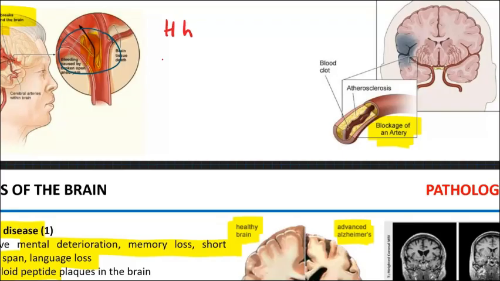They marry another person who doesn't have the mutant gene. That's the healthy person on the right. So their offspring can have one of two genotypes. One is this, and one is this. And it's 50-50.